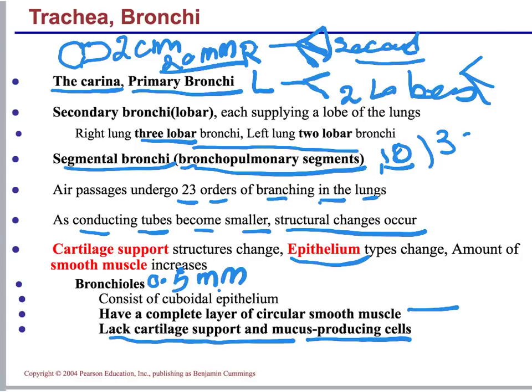This is the branching of the tracheobronchial tree. So we went from the conductive zone all the way to the respiratory zone down below, which leads into the alveolar ducts and alveolar sacs that contain the alveoli, which allow for the exchange of gases to happen.